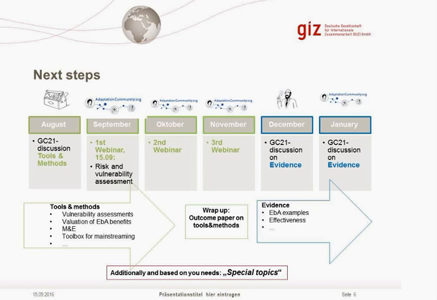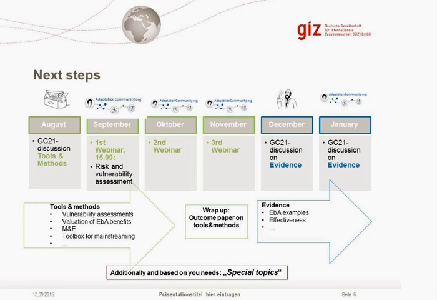For those who are in Latin America right now, they can see the webinar recordings later on adaptationcommunity.org, and I will also share the link in Global Campus 21 and on YouTube. And afterwards, in December, we go to our next big topic, which is evidence on EBA. We will start an internal discussion on Global Campus 21, which starts in December and goes on in January.